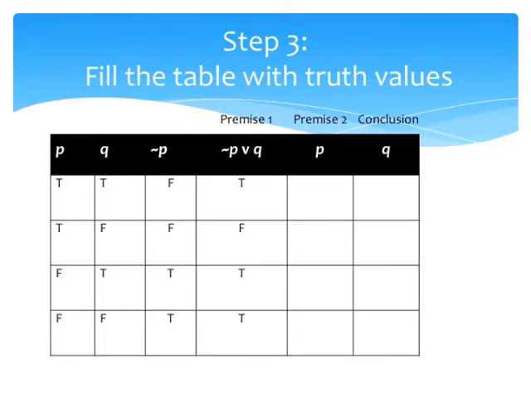It is only false when both disjuncts are false. It's true otherwise. And so in the first row, we have true and false, and so we have T.